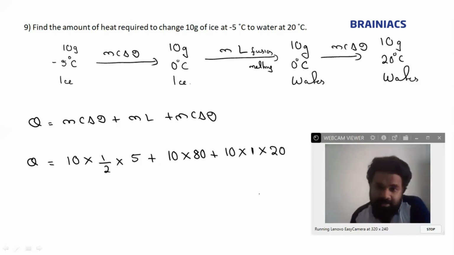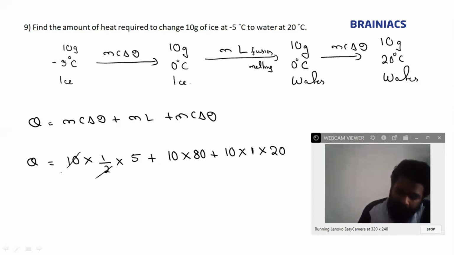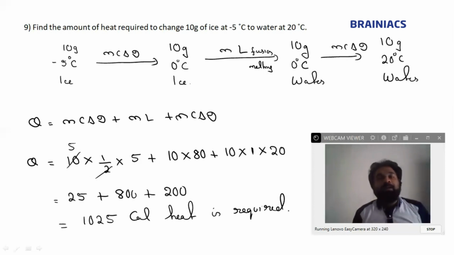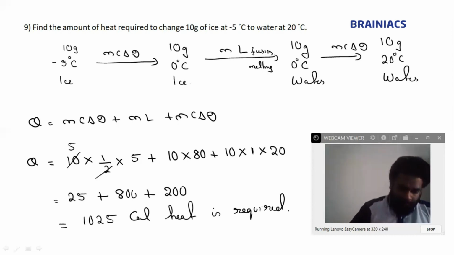If we do this, the first term is 25, the second is 800, and the third is 200. So 1025 calorie heat is required. If we give this much heat, this ice at minus 5 degrees Celsius will become water at 20 degrees Celsius. Hope you understood. Please note it down.